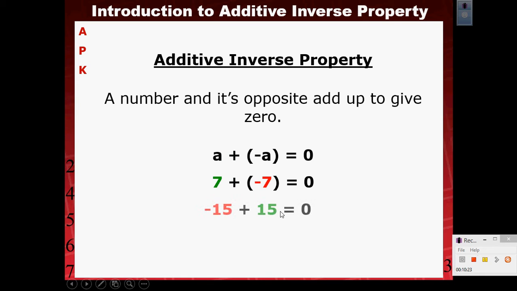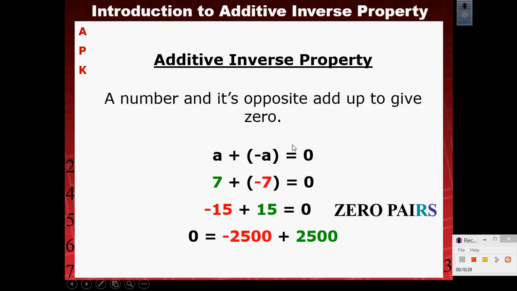With other numbers, negative 15 plus 15 equals 0. Or 0 equals negative 2500 plus 2500. Right? And what did I say? Instead of calling them additive inverse property, what did I call these? Everyone. 0 pairs. So, remember when I talk about 0 pairs, what property is it? Additive inverse property. Does that make sense?